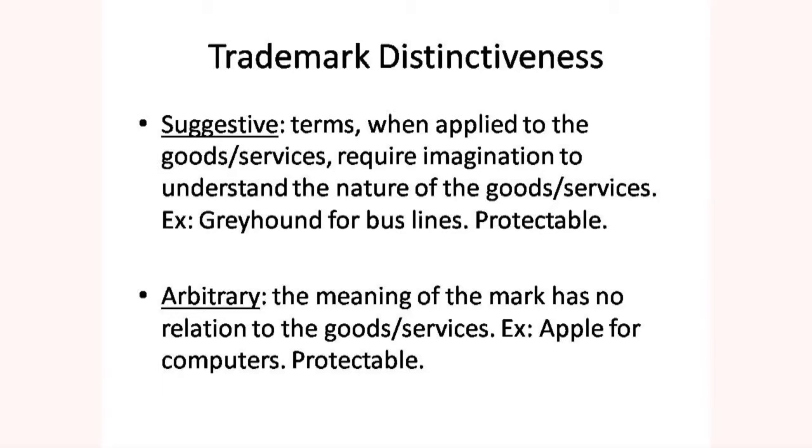Another step up in the spectrum of distinctiveness are arbitrary marks. Arbitrary marks are like Apple for computers. It's a mark that has no connection with what it is you're selling, and it is therefore a very strong mark. So looking at that spectrum of distinctiveness, you have to determine where your mark is, and is it at the lower end or upper end of the spectrum, and then you can know if you have a strong mark.